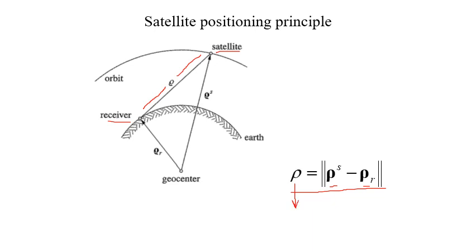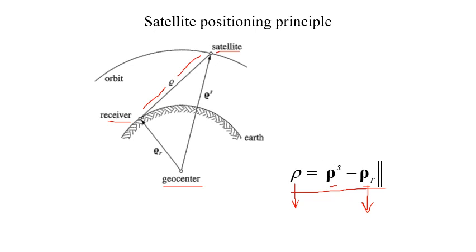In this equation, I need to make a measurement to the satellite, and I need to determine my receiver's position in a coordinate system, and the center of this coordinate system is the geocenter.